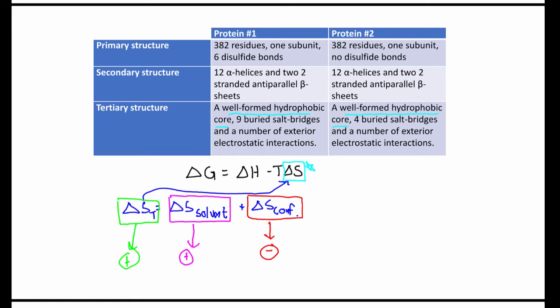We've said that this would be positive, so now we need to go to delta H. With delta H, we want to always think about delta H in terms of bond formation and bond breaking. In fact, delta H is going to be equal to the enthalpy of the bonds broken, BB, minus the enthalpy of the bonds formed, BF.